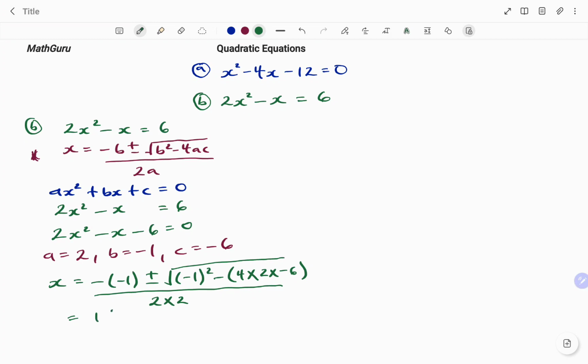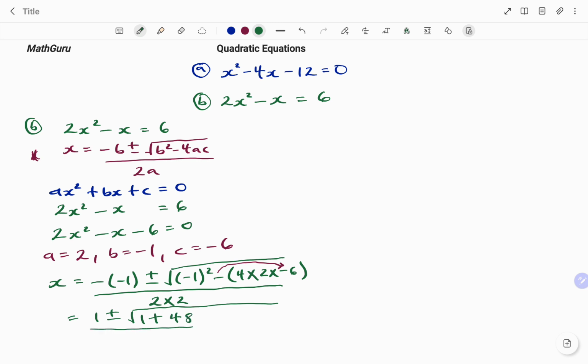So I have 1 plus or minus the square root of, I'm going to simplify the value under the root. So that's 1 plus, I said plus because the negative outside is going to multiply the negative inside the bracket, and negative times negative is positive. So I have 4 times 2, that's 8. 8 times 6, that's 48.